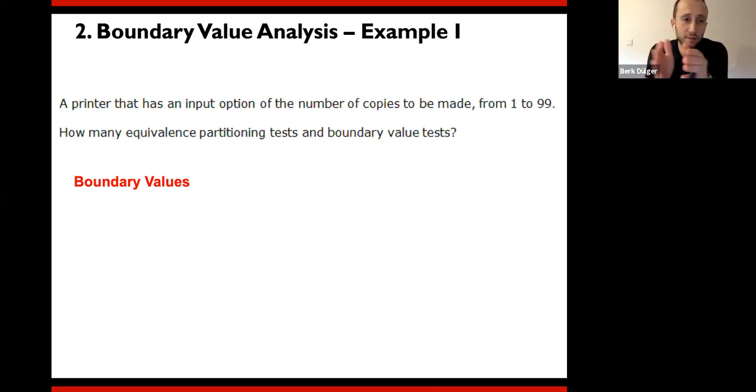The question: a printer has input options for the number of copies to make, from 1 to 99. How many equivalence partition tests and boundary tests will there be? I'm going to give you around a minute, and then check the chat panel.